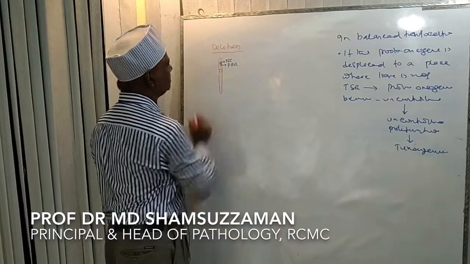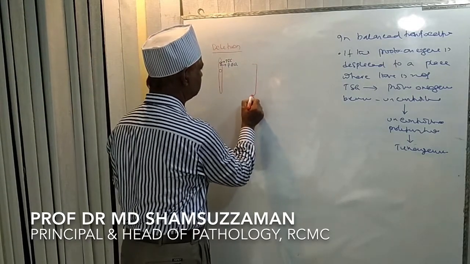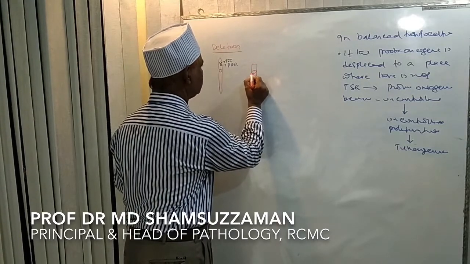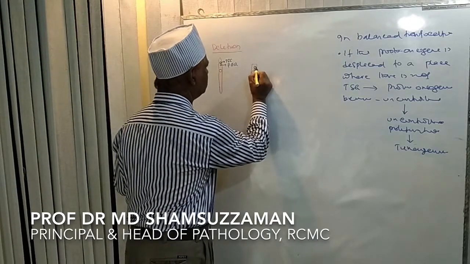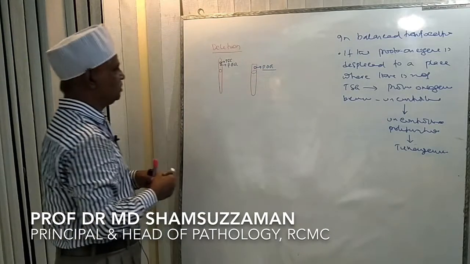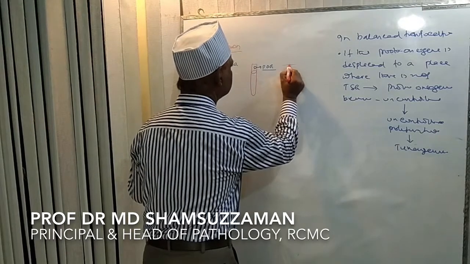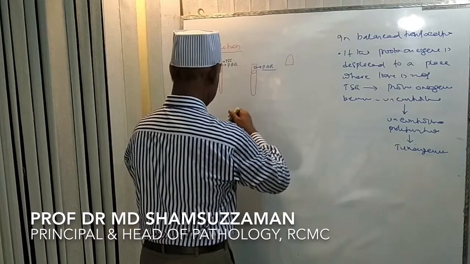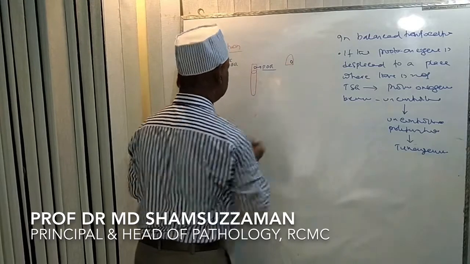Suppose this part is deleted. After deletion, the chromosome becomes like this. This is the centromere and this is the proto-oncogene. This is the deleted part bearing the tumor suppressor gene.